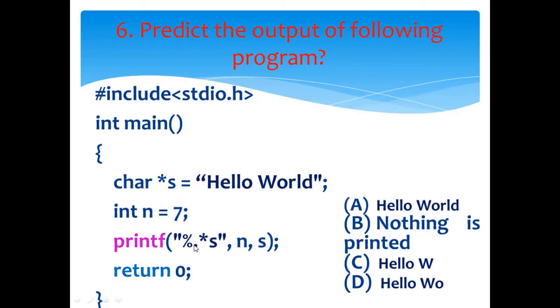It's just a precision: how many characters should be formatted. The star just means the precision is not specified in the format string, but is given as an additional integer value argument.